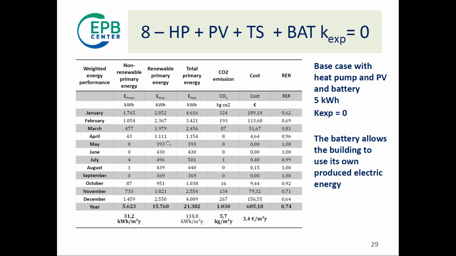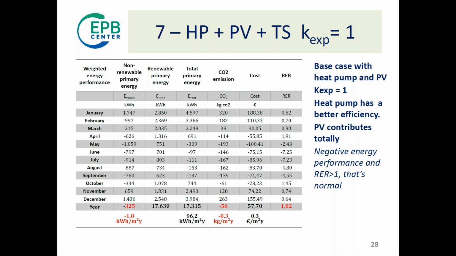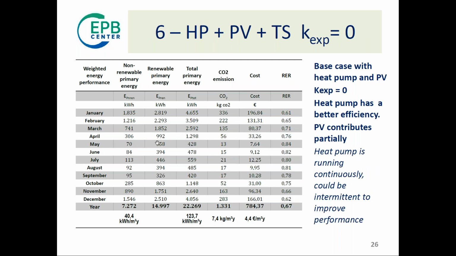And this is an example also of what can happen if you take into account a battery. So in this case, of course, exported energy is discarded. But if you compare this with example 6, which was the PV, here it is 14.4 kilowatt hour per square meter per year.